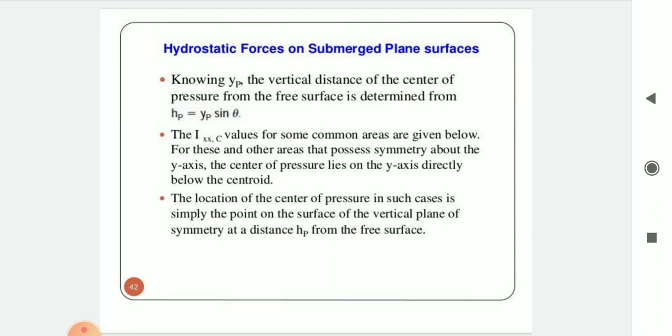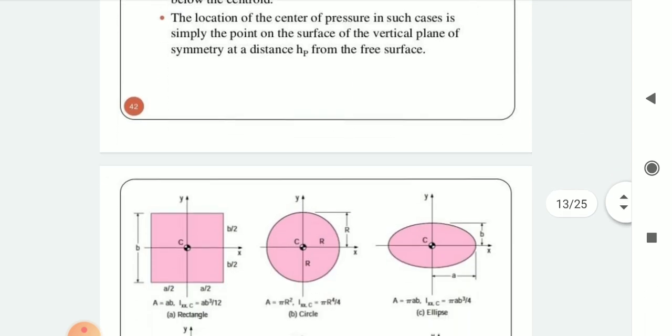For these and other areas that possess symmetry about the y-axis, the center of pressure lies on the y-axis directly below the centroid. The location of the center of pressure in such cases is simply the point on the surface of the vertical plane of symmetry at a distance hp from the free surface.